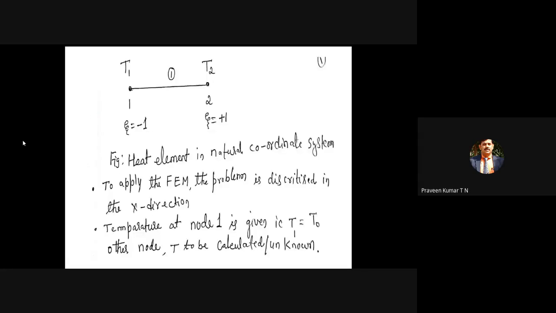Again, for most of the derivation you are going for the natural coordinate system. At node 1, one axis is the global x direction, and the other is the z direction, which is along the x direction itself. The z value at node 1 is -1 and the z value at node 2 is +1.